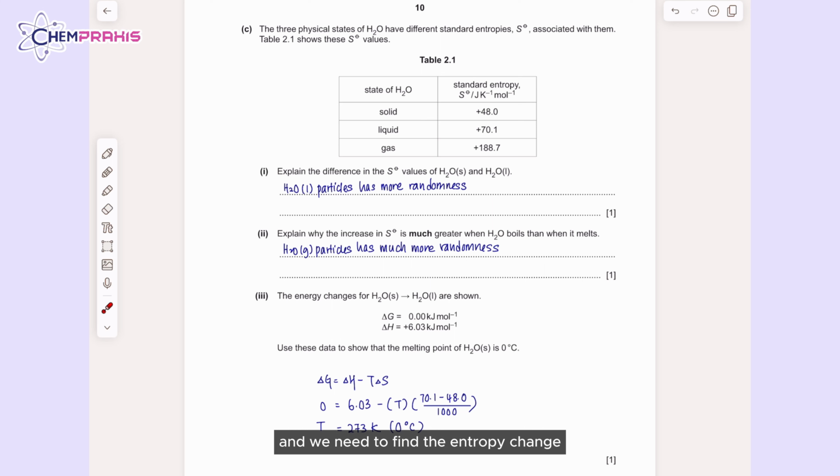We need to find the entropy change by using the product minus the reactant. So we use 70.1 minus 48. And don't forget to change from joules to kilojoules. After you do all the calculation, you will find that the temperature is equal to 273 K, which is equal to 0 degrees Celsius.